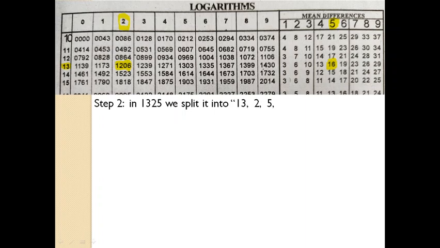Because in a log table, see this column, the numbers start with 10 and end with 99. So the first column consists of 2-digit numbers. That's why we selected the first 2 numbers. Here see 13 comes over here. For identifying which row we have to go through, that's why we selected the first 2 digits.